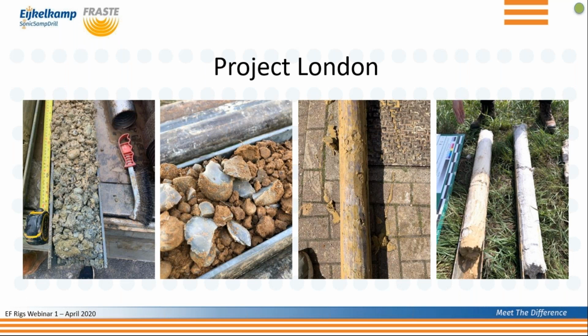With the Sonic, obviously, single wall and drill through it. Going back to the Sonic, it doesn't really matter if it's wet or dry. With the cable rig, as soon as it gets wet, you have to shell it out, again catch it into buckets and put it into bulk bags, create a huge mess, and say, yep, this is what came out of this depth. That's what's in this bucket.